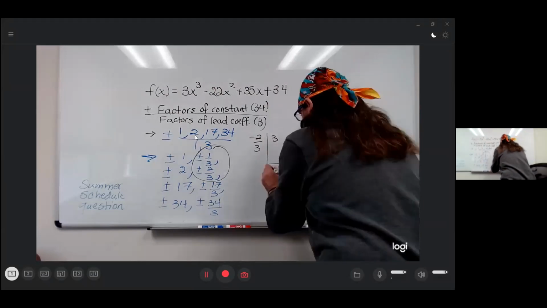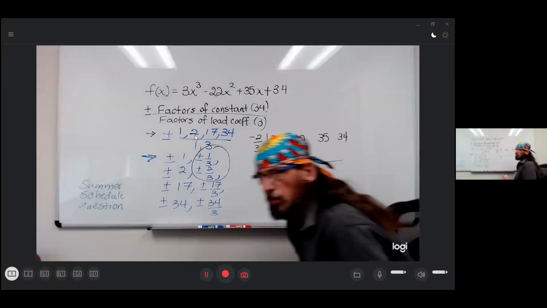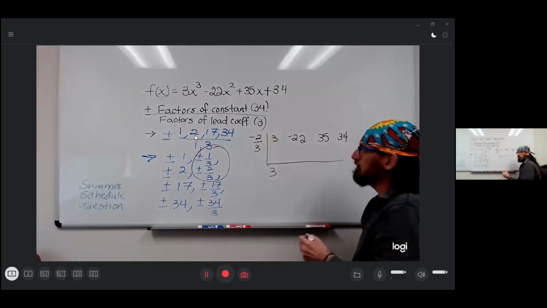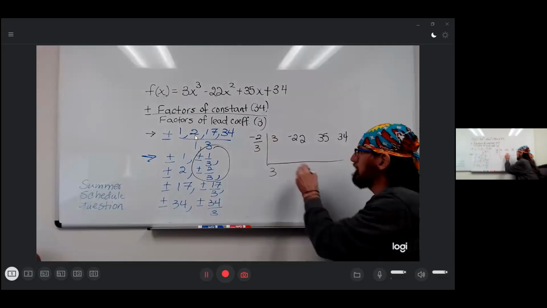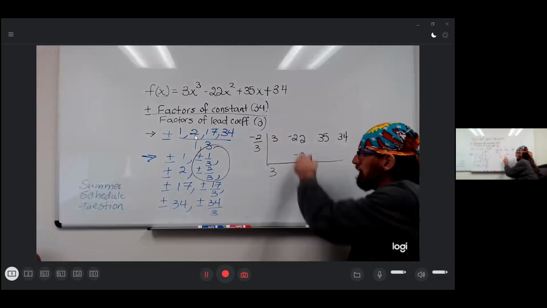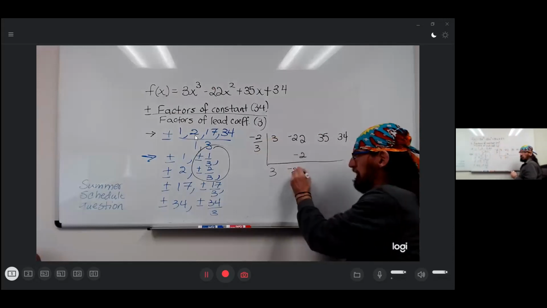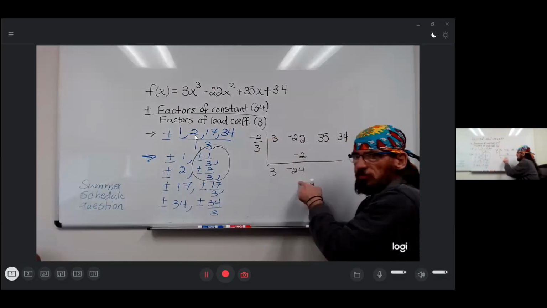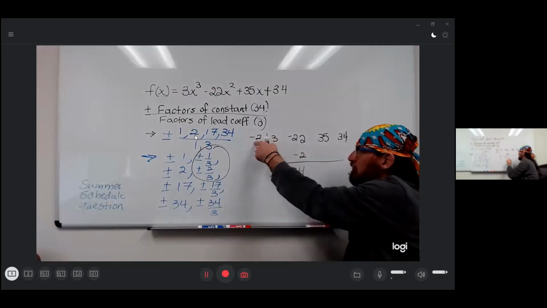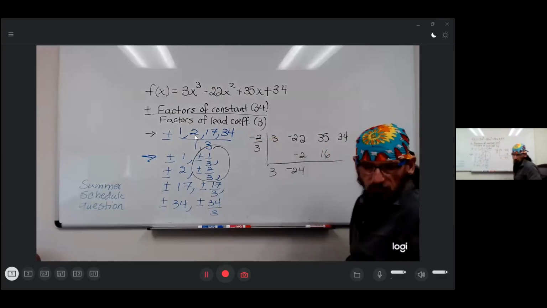Bring down the 3. 3 times negative 2/3 is going to get rid of that denominator, give us negative 2. Add, negative 24. Watch those signs. Luckily, that's a multiple of 3. 3 goes into that negative 8 times, negative 2, positive 16.